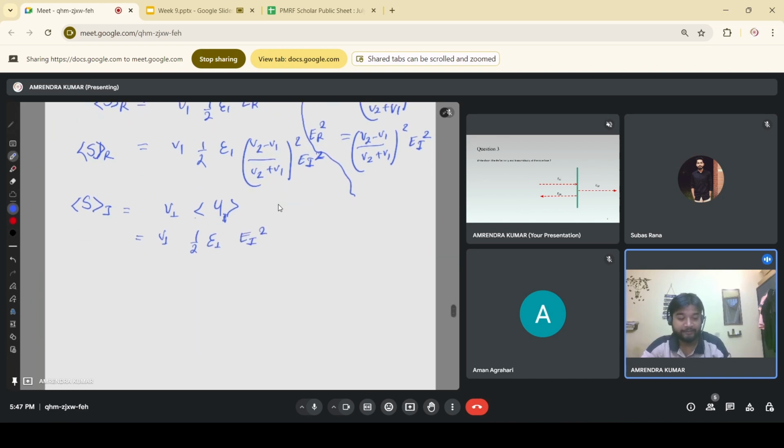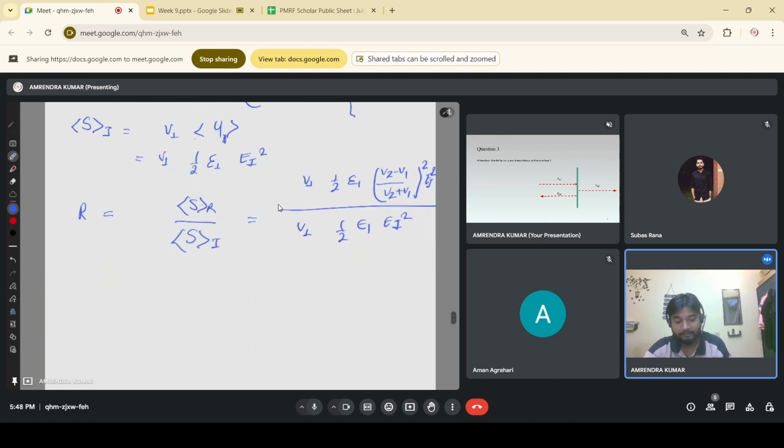Now, I said that the reflectivity is defined as the ratio of S_R, the power that is being reflected, and the power that we have incident. So you get V1 times half epsilon 1 times V2 minus V1 over V2 plus V1 square times E_I square, over V1 times half epsilon 1 times E_I square.